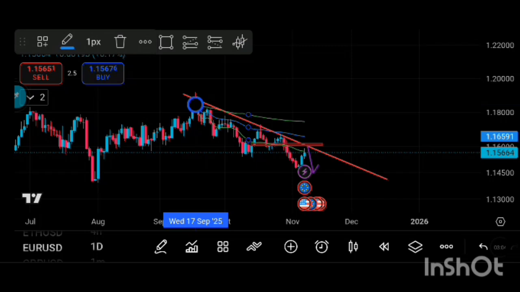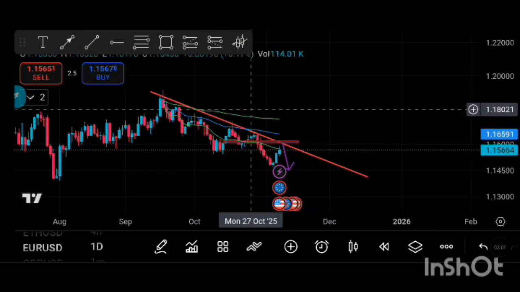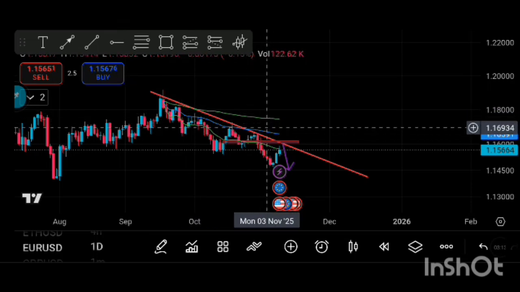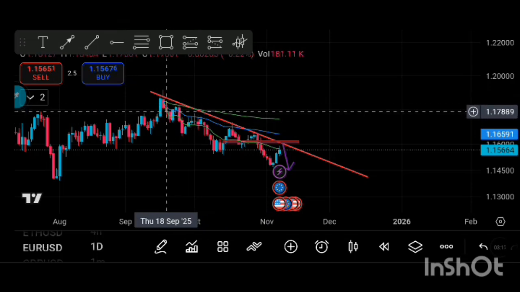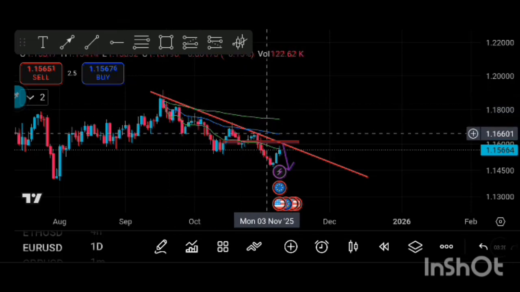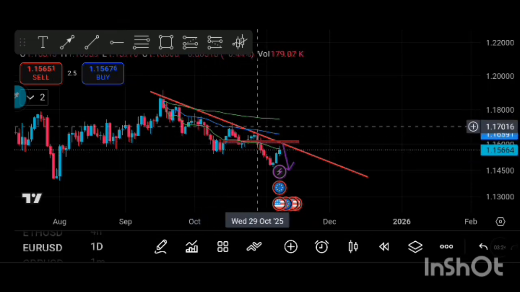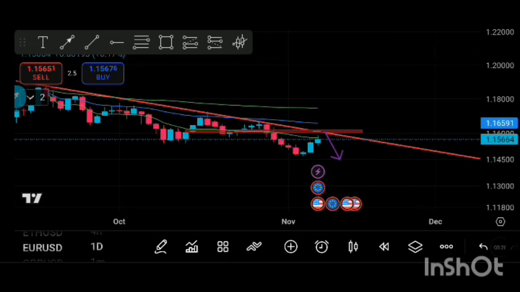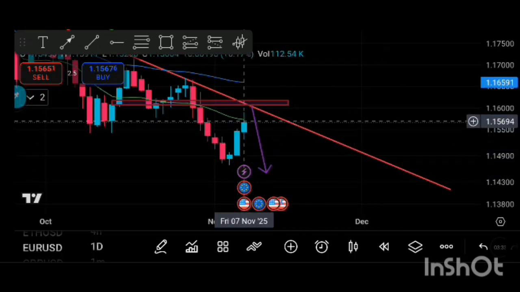So as you can see on the daily chart, we are below the VWAP, which is the blue line, and one deviation below the VWAP. As you can see, if I zoom in, we are basically rejecting off of this line.